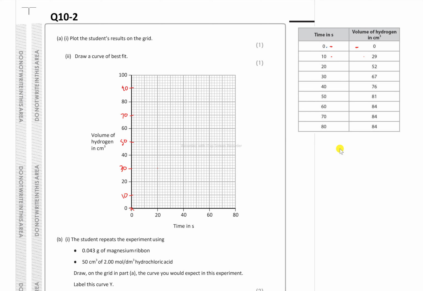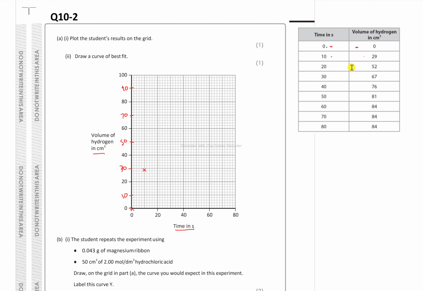Okay. So have you noticed they've got the labels on? So at 10, it's going to be 29. It's about there. So you're allowed typically half a square. Oh, did I put it in 20? It's not very good, is it? Let's rub that off and go back to that. Right, it's 29, and then here, where are we?